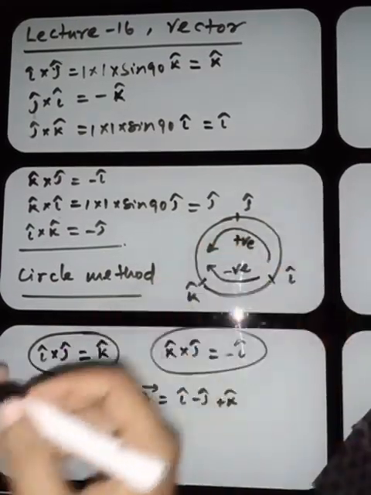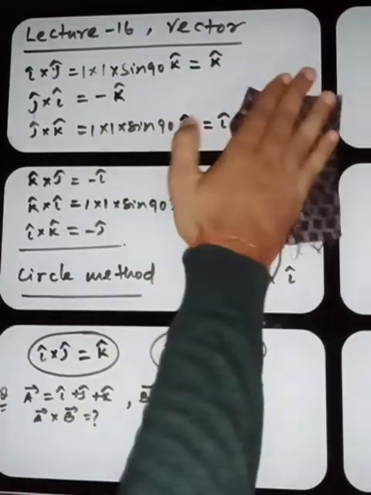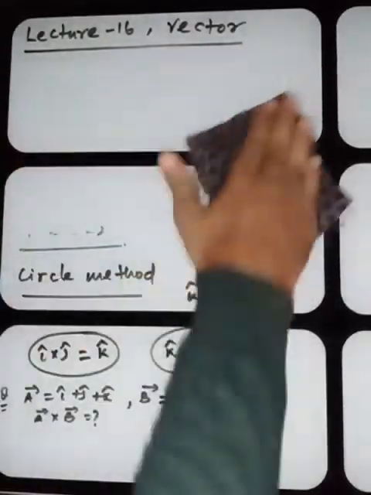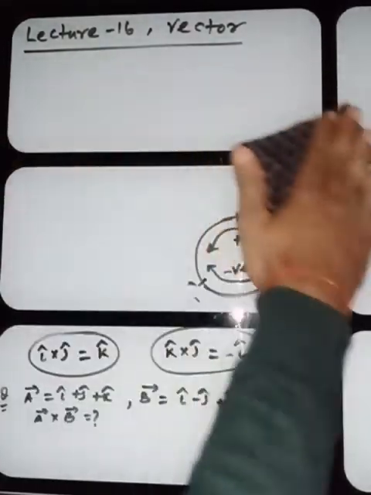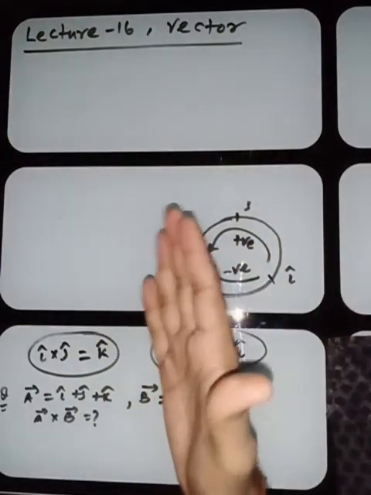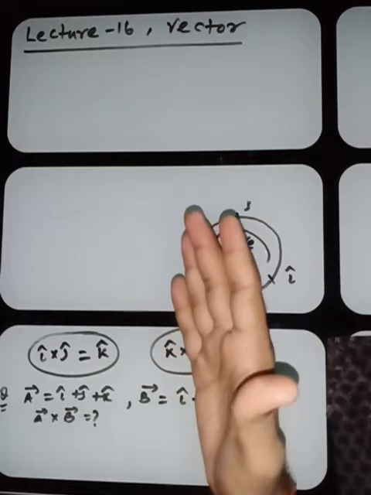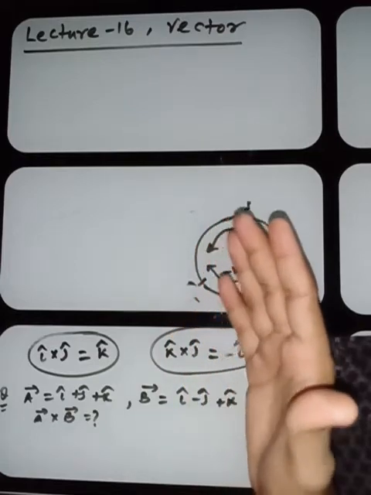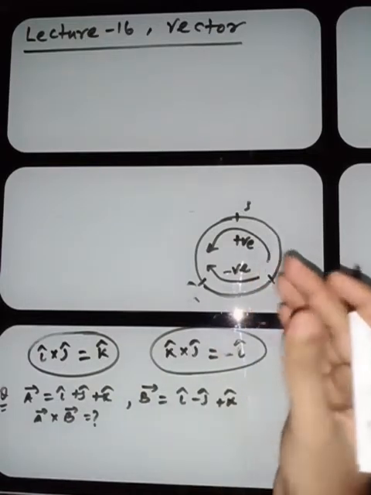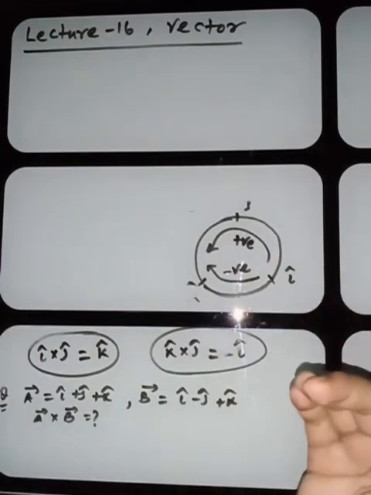Okay, let me solve this one. We have the method of circle, which is one method, but for me, for simplicity, the method is my right hand rule. That is the perfect one. I will try to find this with the right hand thumb rule. That is the perfect method for me, my dear student.